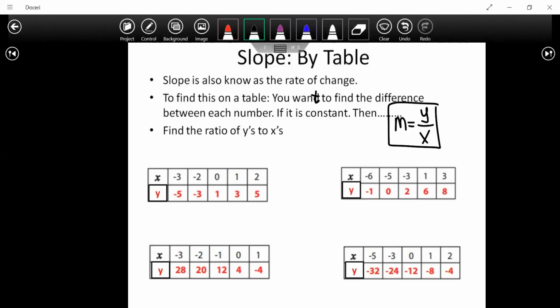Because we always go inputs to outputs, so it's always going top to bottom. So the order is 1, 2, 3. Okay. You guys have about 30 more seconds to copy that down.